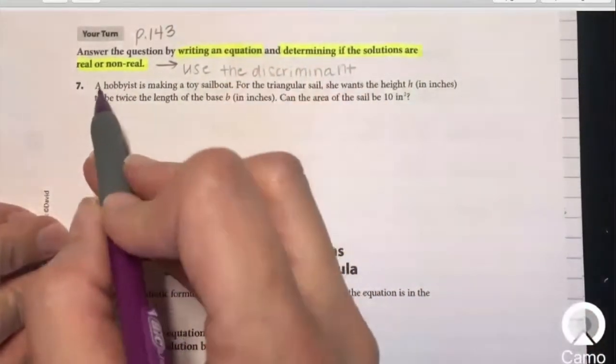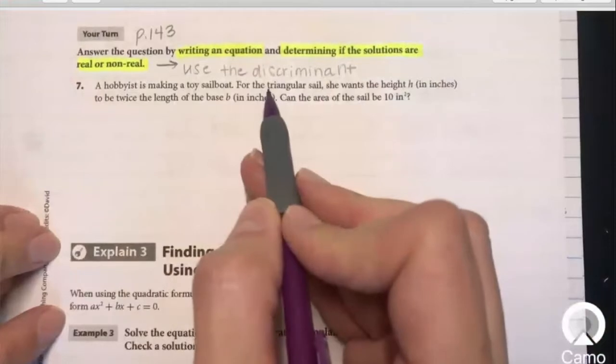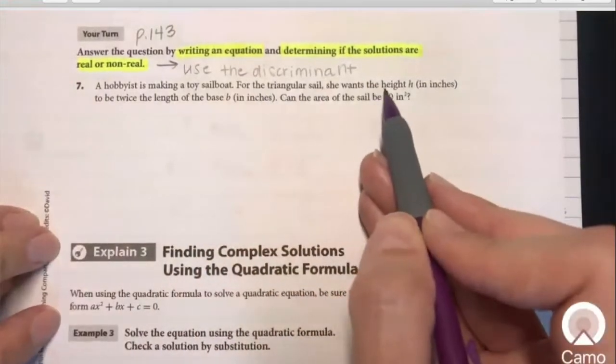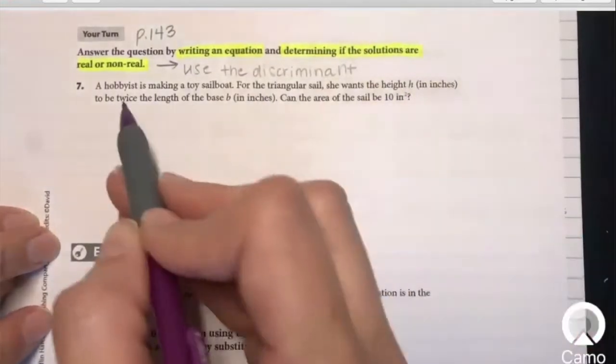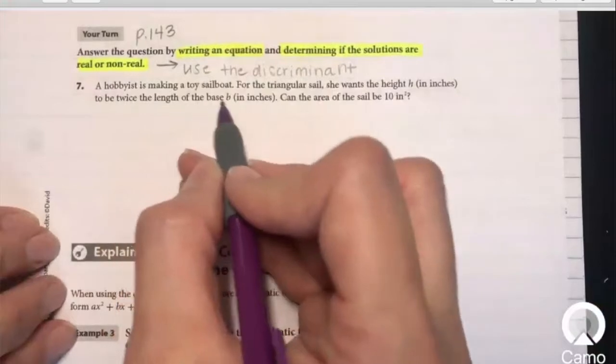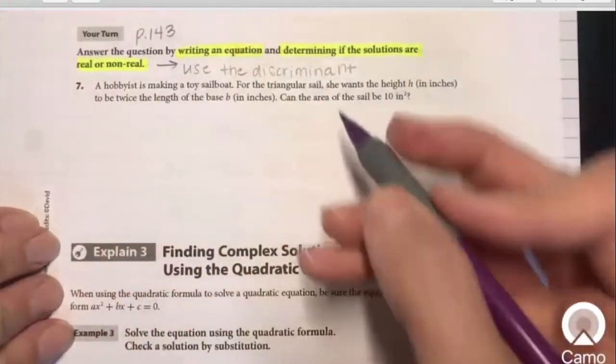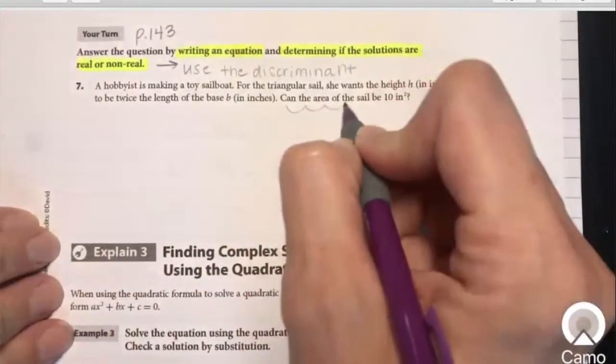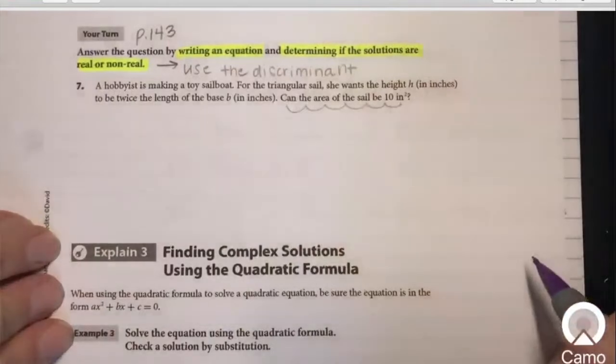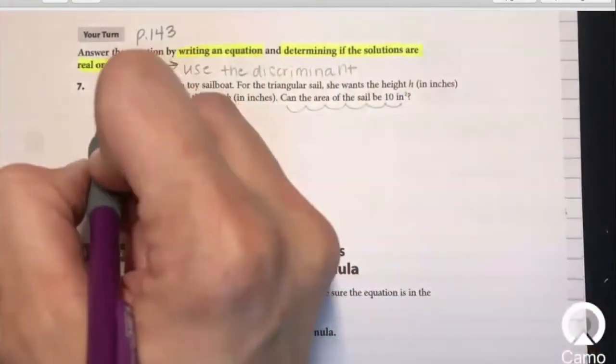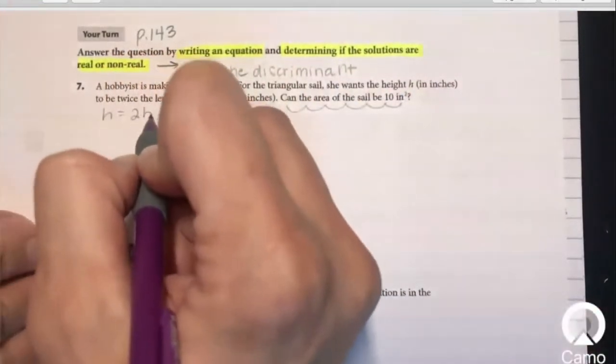So let's look at our problem. A hobbyist is making a toy sailboat. For the triangular sail, she wants the height h in inches to be twice the length of the base b in inches. She's trying to decide, can the area of the sailboat be 10 inches squared? She said the height needs to be twice the base.